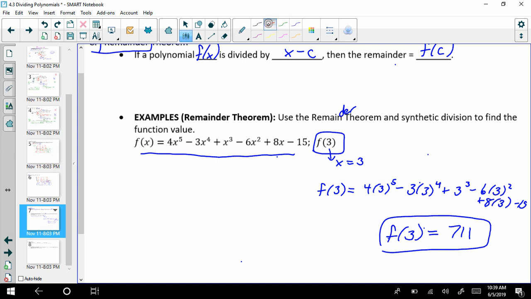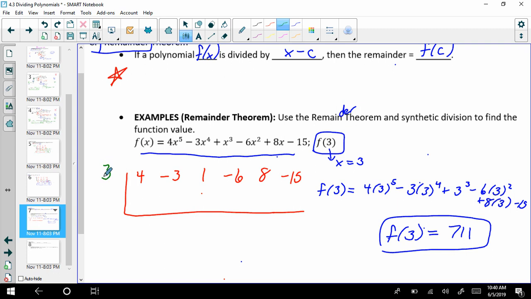However, I want to show you another way that we can get that answer, and that's what this property up above is talking about. I would like us to set up synthetic division. So inside I would have my 4, -3, 1, -6, 8, and -15. They didn't skip any terms, so I don't need a 0. Out front, I'm going to have 3. Now, here's sometimes where my students get confused.